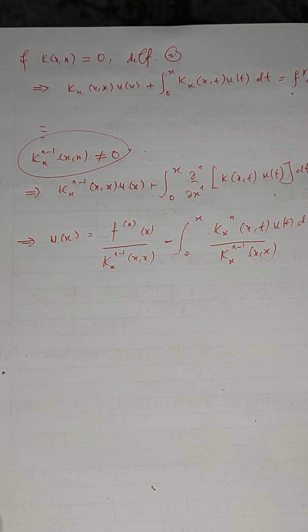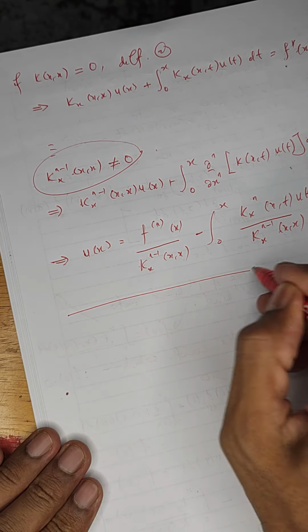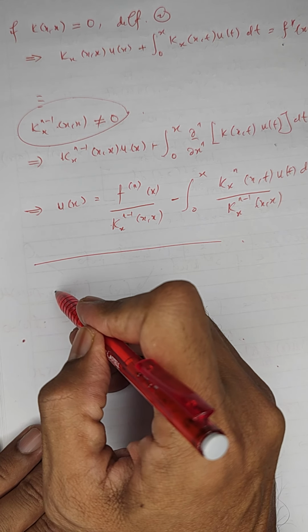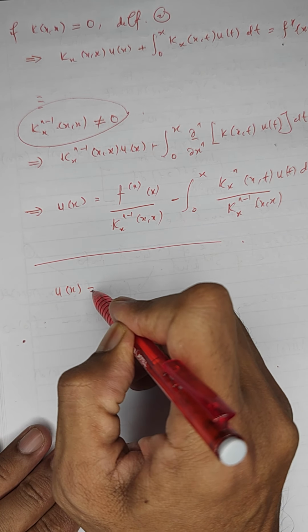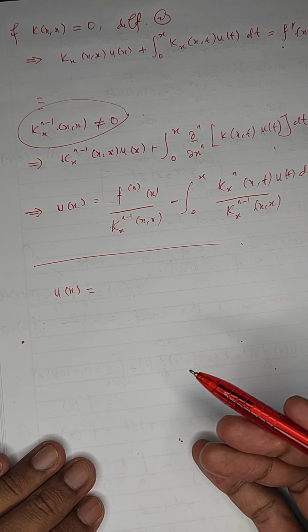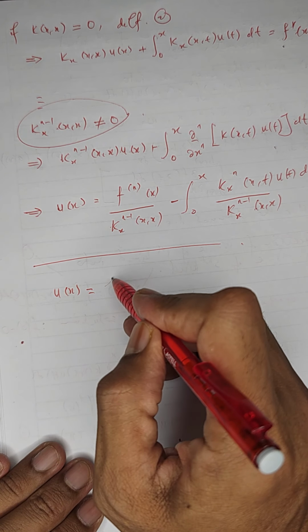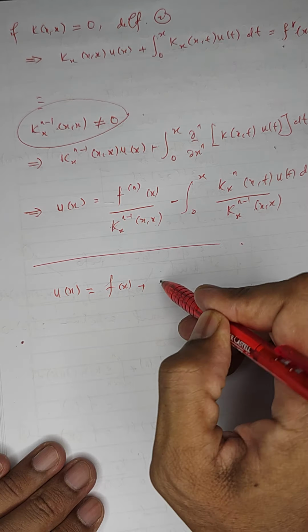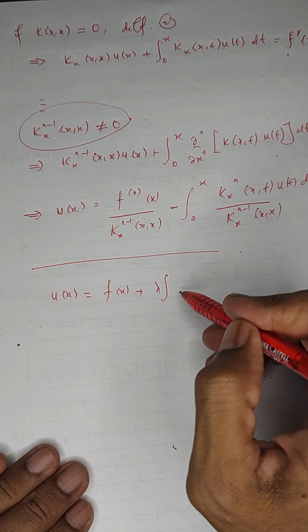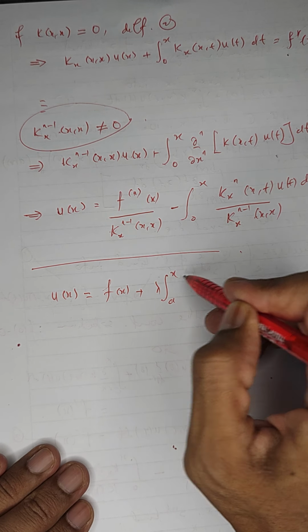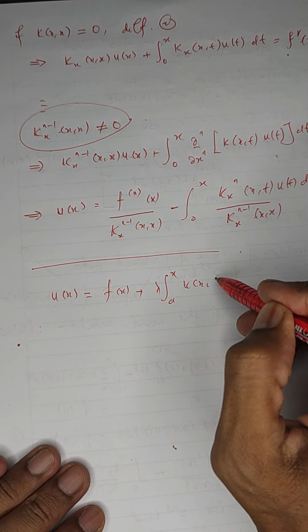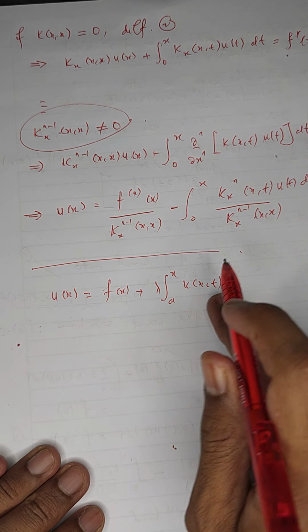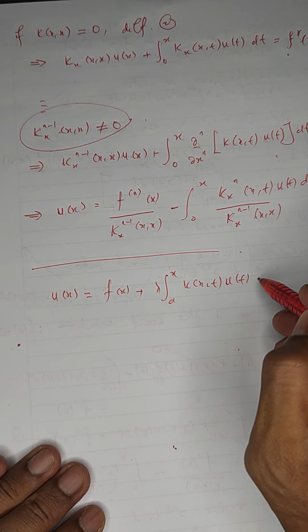Okay, let me write those things. We are going to solve the Volterra integral equation of the second kind, f(x) plus lambda, let's say from a to x, K(x,t) u(t) dt.